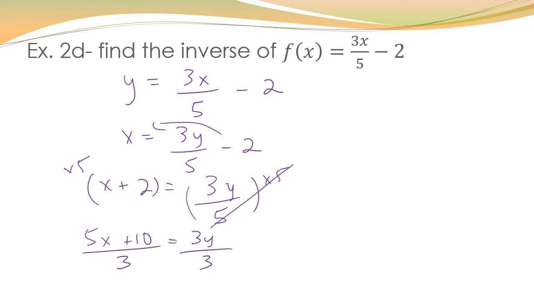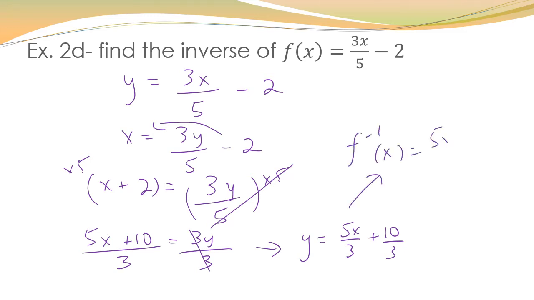Then divide everything by 3. Y equals. If you want to, you could leave it like that, or you could write 5x over 3 plus 10 over 3. It's up to you. And then don't forget f inverse of x, 5x over 3 plus 10 over 3. So far, anything that was linear, the inverse was also linear.